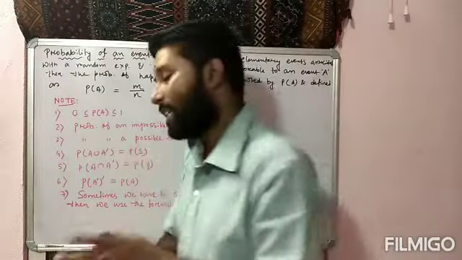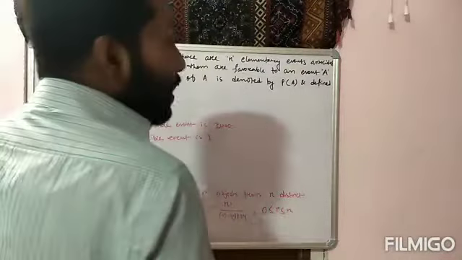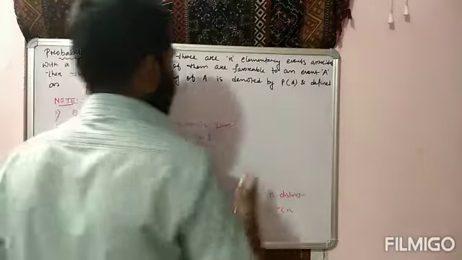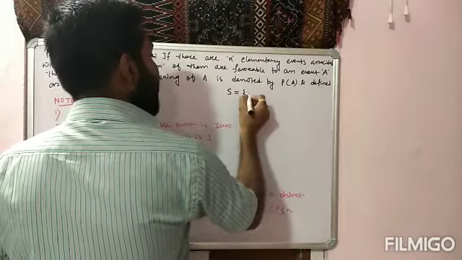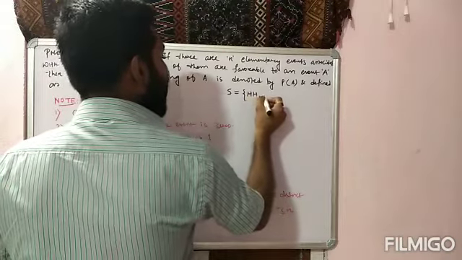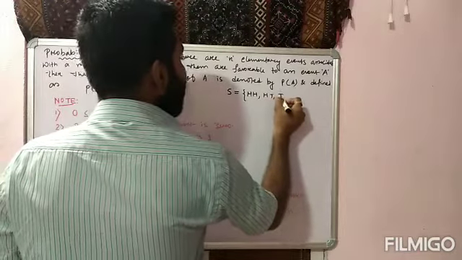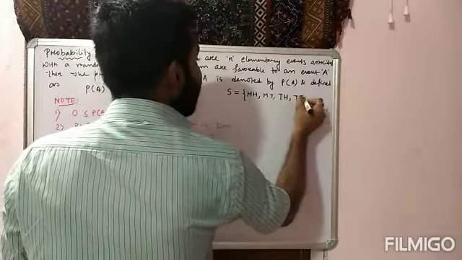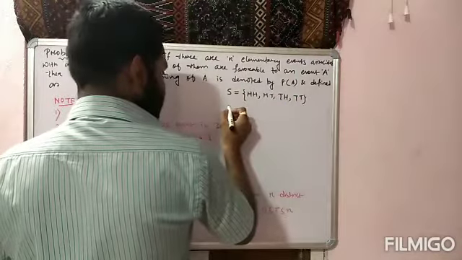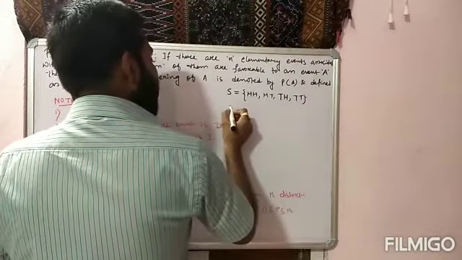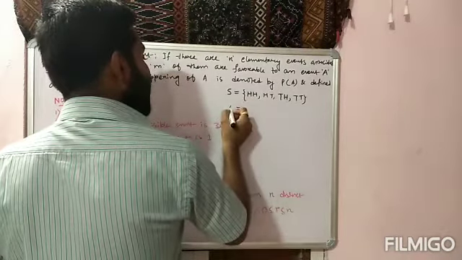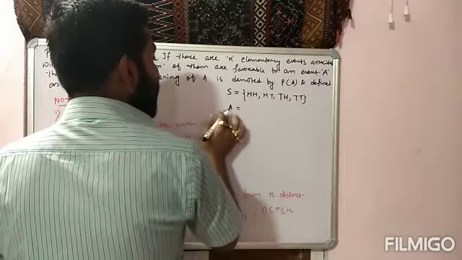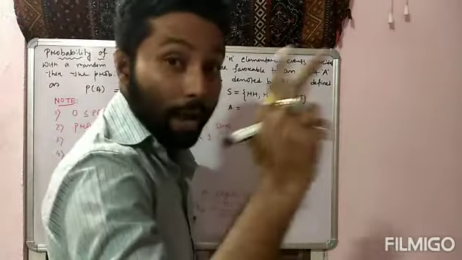Okay. So for example, if a coin is tossed twice, then the sample space of the experiment will be HH, HT, TH and TT. Let A be the event of getting exactly 2 heads.